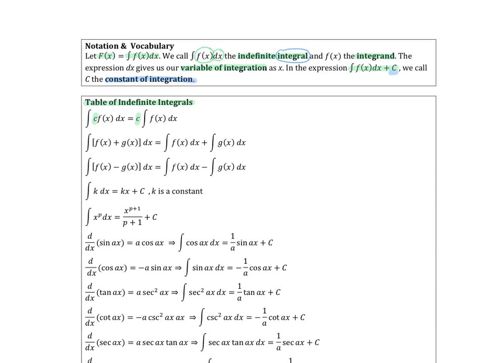For example, if you're trying to integrate 2x squared dx, and when I say integrate, I mean evaluate the indefinite integral, you can bring the 2 out in front and then find the integral or the antiderivative of x squared with respect to the variable x. So the 2 will stay, times the antiderivative of x squared, which is add 1 to the exponent and divide by 3, plus your constant c.